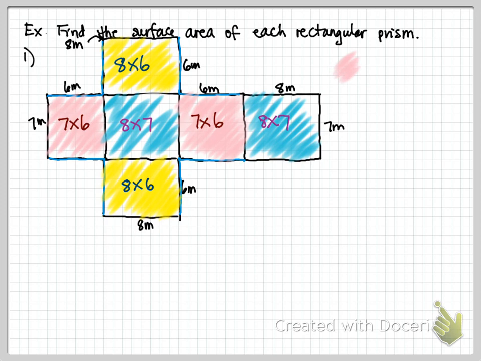That's the one. So we had 2 rectangles, and they were 7 by 6. So I'm going to multiply once and double it, and we get 84 square inches. Okay, and then let's look at the yellow ones.